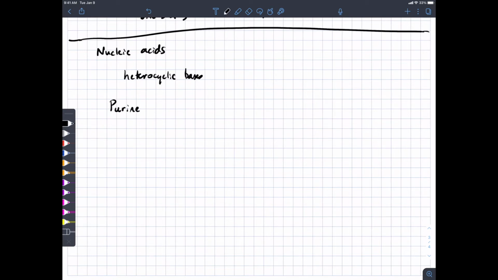There's some that are called purines and some that are called pyrimidines. And you're going to hear people talk about that, and you're going to read it in a biochemistry textbook, so it's useful to sort of know what people mean by that. Pyrimidines are going to be 6-membered rings. And purines are going to be a fused 5- and 6-membered ring together.